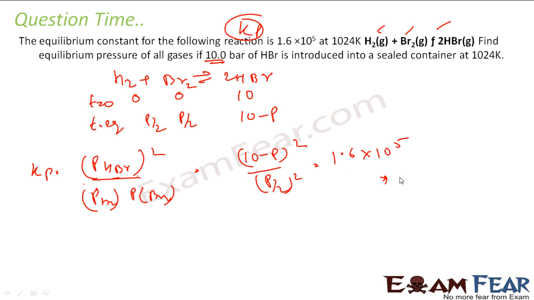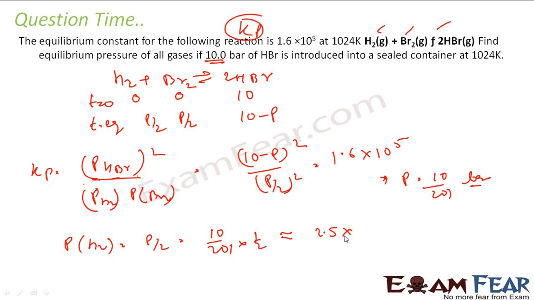You solve this, you get P is equal to 10 by 201 bar. Once I have the value of P, I have all the equilibrium pressures. Pressure of H2 is P by 2, that is 10 by 201 into 1 by 2, almost equal to 2.5 into 10 to the power minus 2 bar.